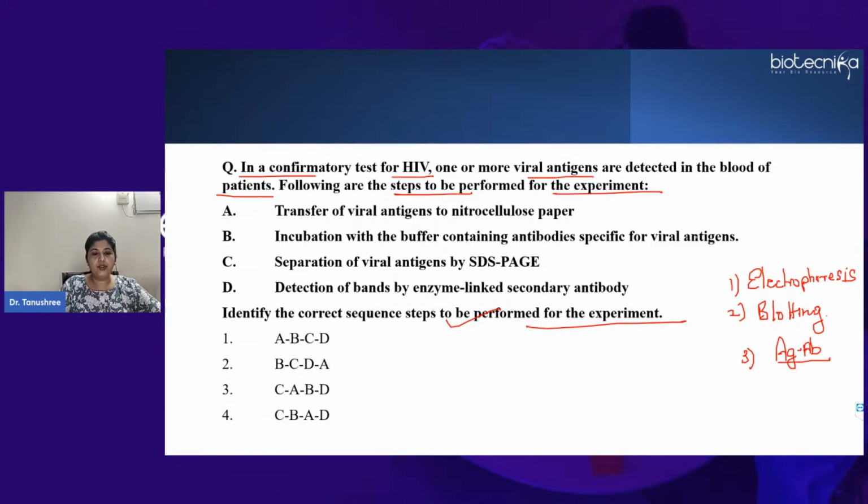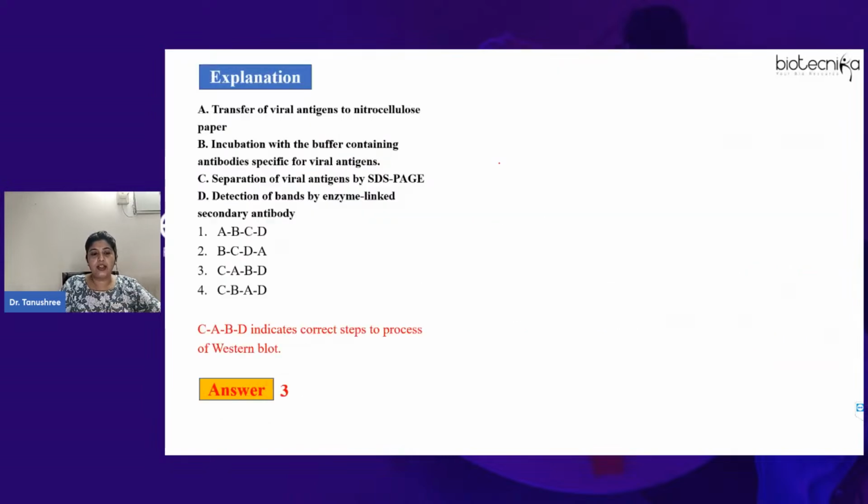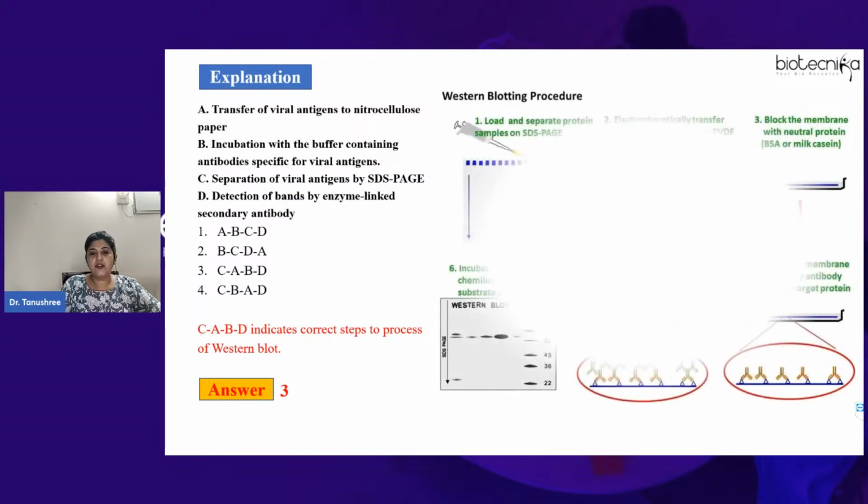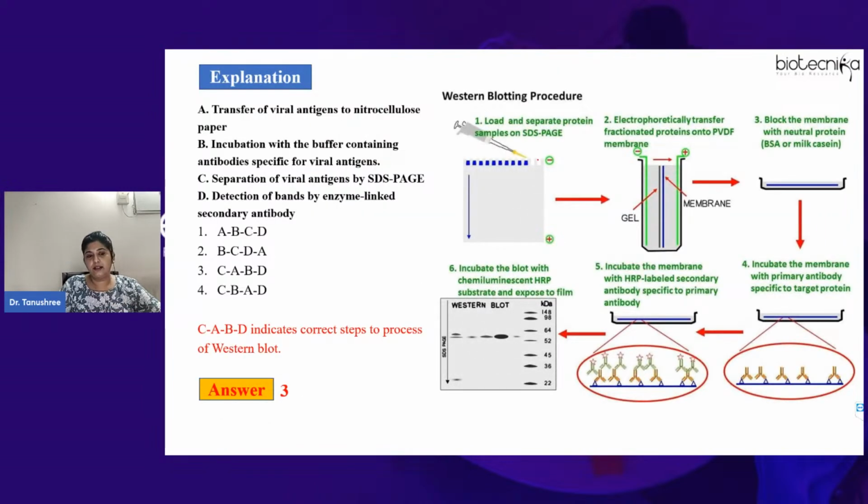So all you need to do is, as here we are testing for HIV, you need to have a sample which might be infected, which might contain this viral antigen. We have to confirm whether it is present or not. So you will load your sample and first perform the electrophoresis.